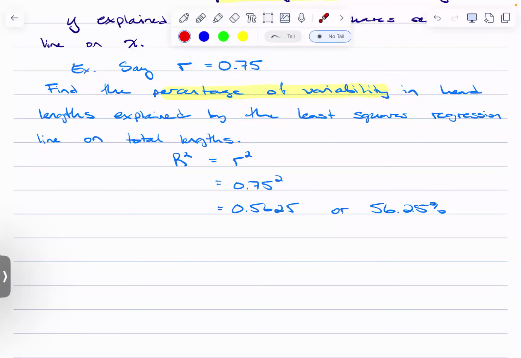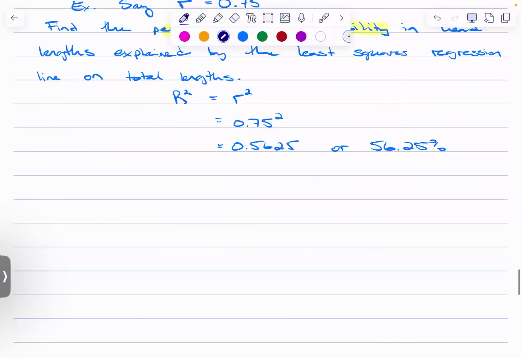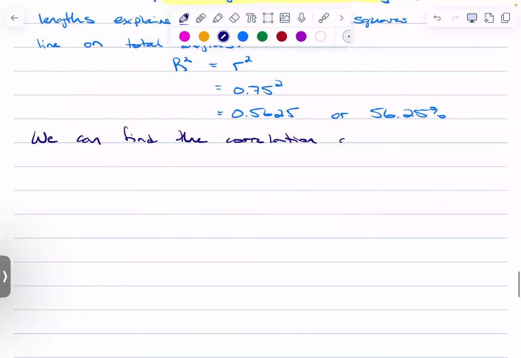And so we can find the correlation given R squared. The correlation is the plus minus square root of R squared, just to unfold it onto the negative side as well.